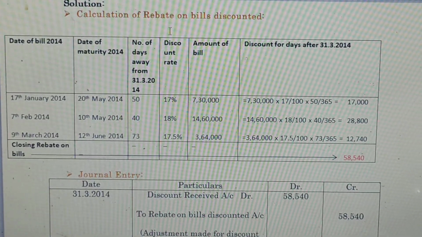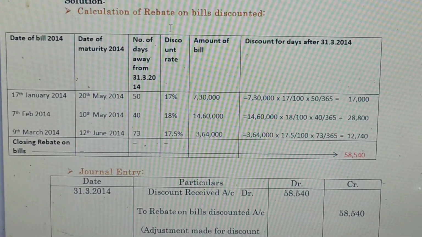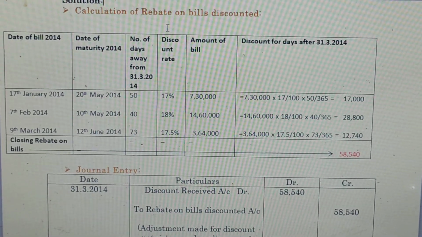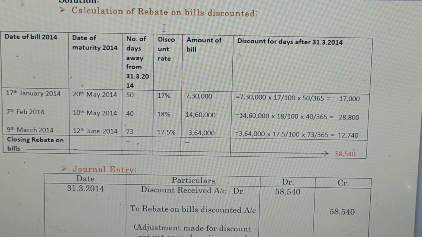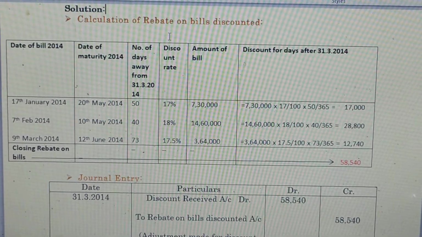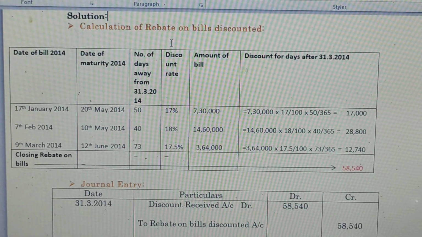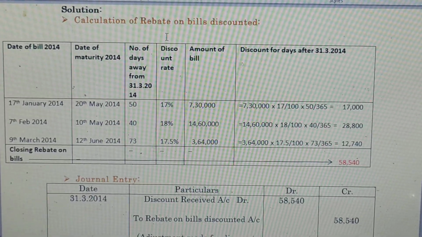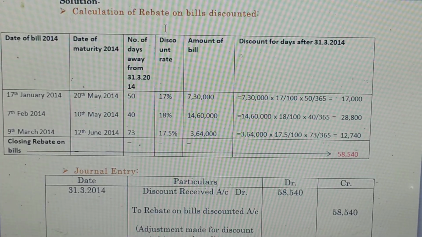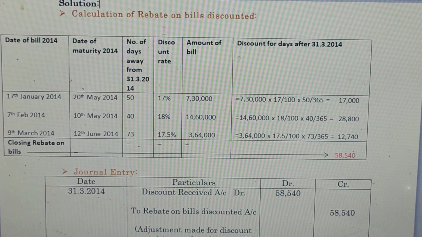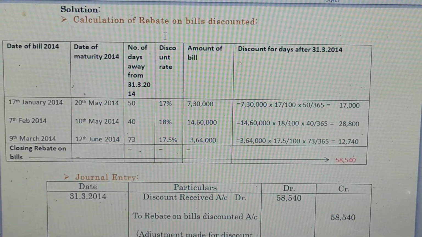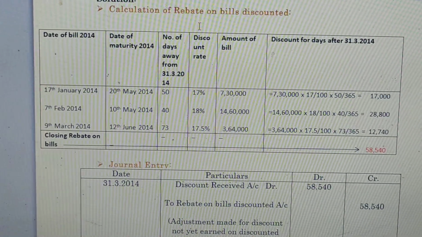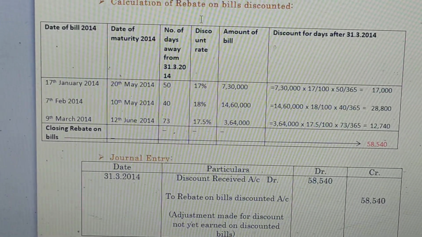Then we convert that discount amount into 40 days: 14,60,000 multiplied by 18 divided by 100, then multiplied by 40 divided by 365, we get 28,800 as discount.